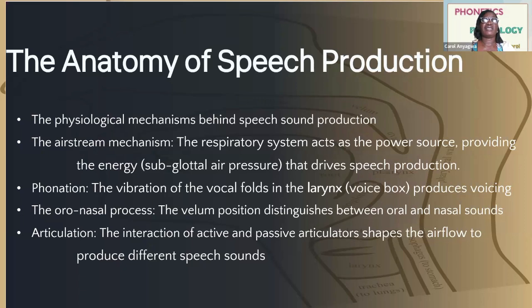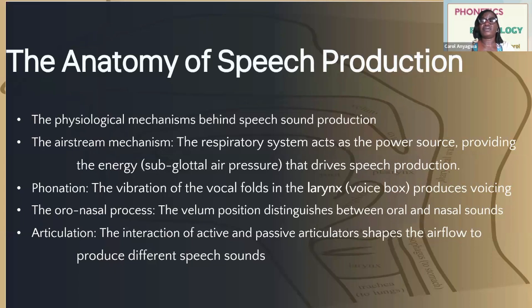After the airstream mechanism, we talk about phonation, being related to the laryngeal system. The larynx, also called the voice box, contains the vocal folds and the glottis. In this particular area is where the voicing of a speech sound is determined.